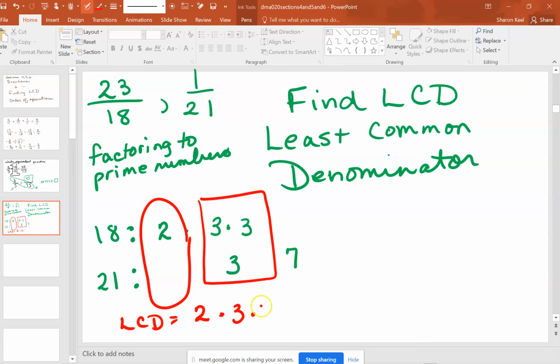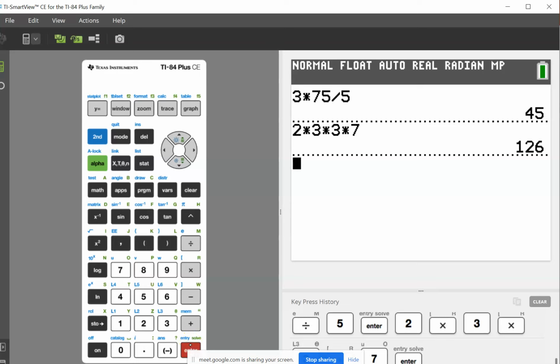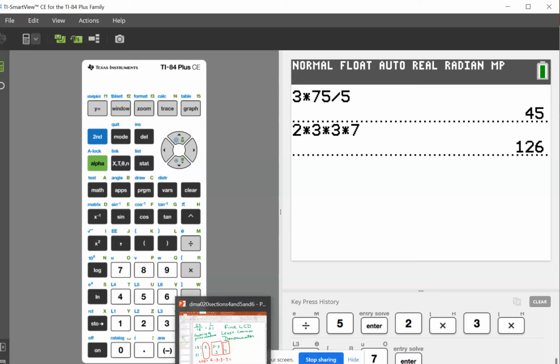We're going to need to use both of those. And then last, we have only 1 7, so we need to use that as one of our factors as well. At this point, all we have is 2 times 3 times 3 times 7. So 2 times 3 times 3 times 7, and our least common denominator is going to be 126.